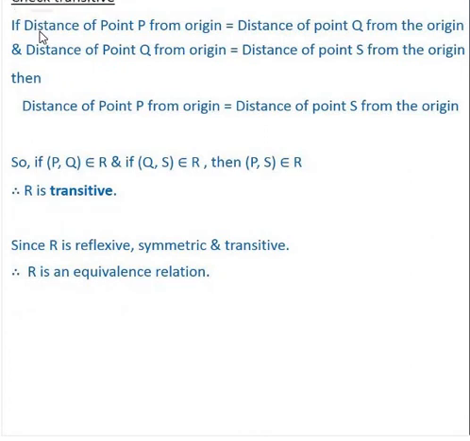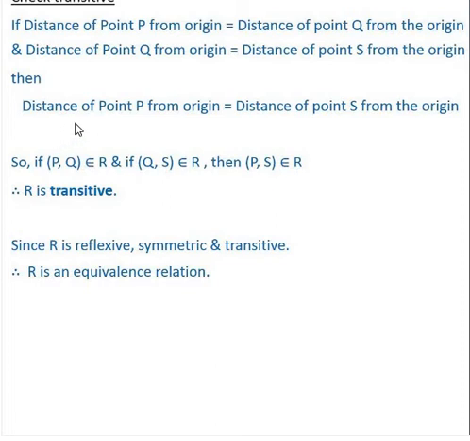Now transitivity. If the distance of point P from the origin equals the distance of point Q from the origin, and the distance of Q from the origin equals the distance of point S from the origin, then from the first line we can say that OP equals OQ. From the second line we can say that OQ equals OS. So if OP equals OQ equals OS, we can directly say that OP equals OS.